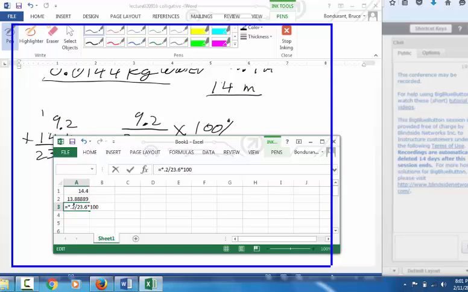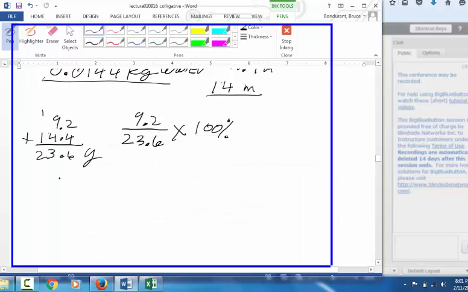Like I hit the wrong button. 9.2, there we go. And that gives me 38.98, which would be about 39%.